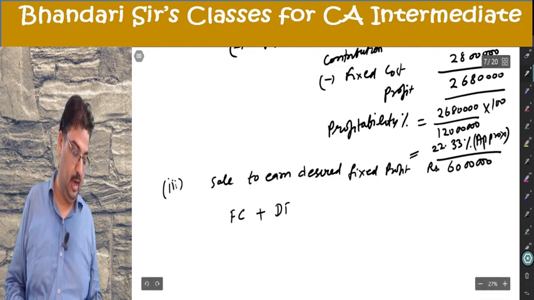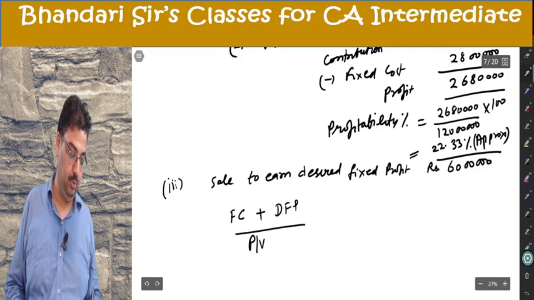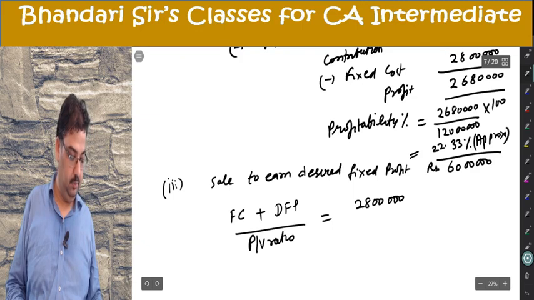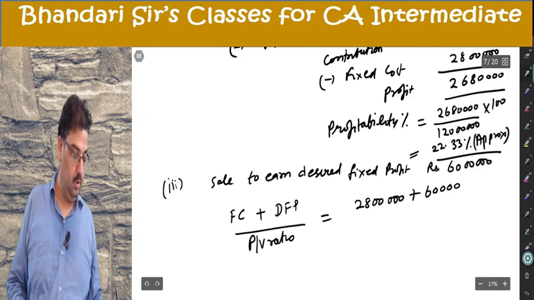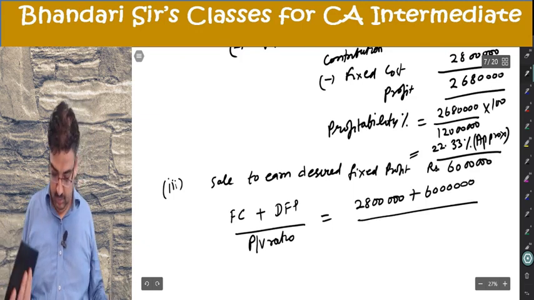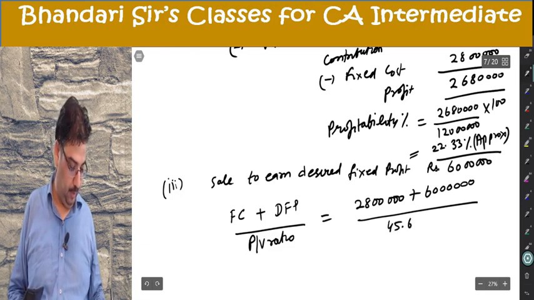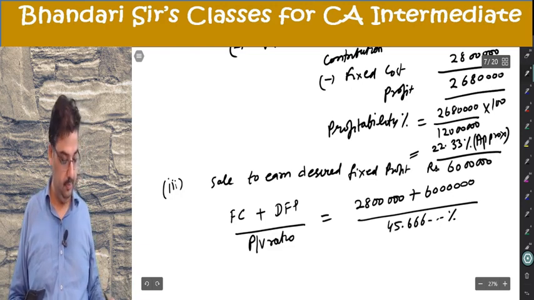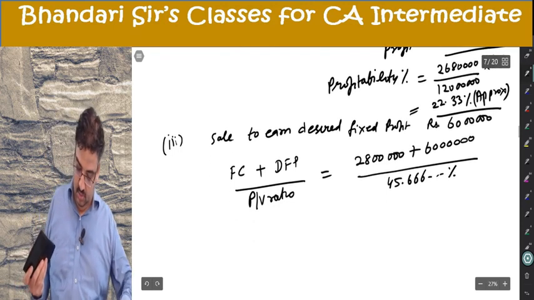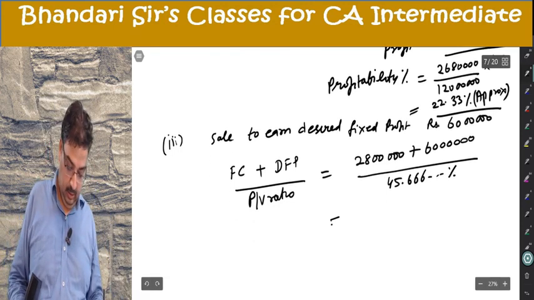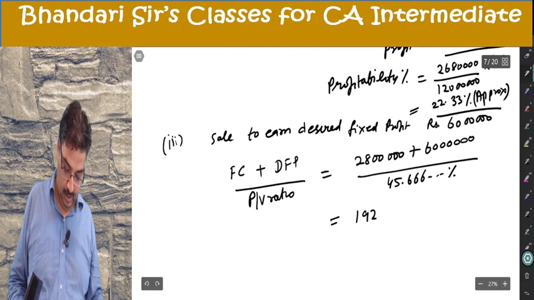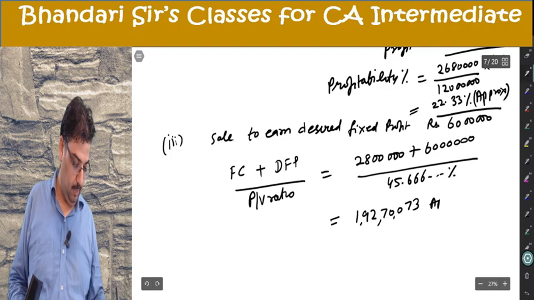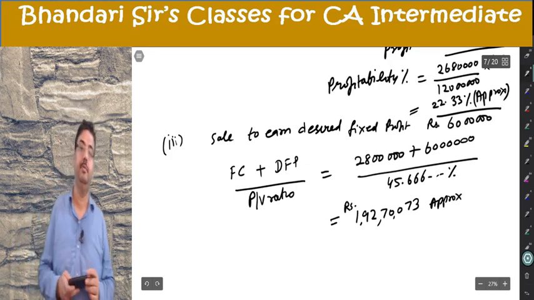Fixed cost plus desired fixed profit divided by PV ratio. 28 lakh, 60 lakh divide by 45.6666%. Once you calculate, 1,92,70,073 approximately. This much is what you will get.